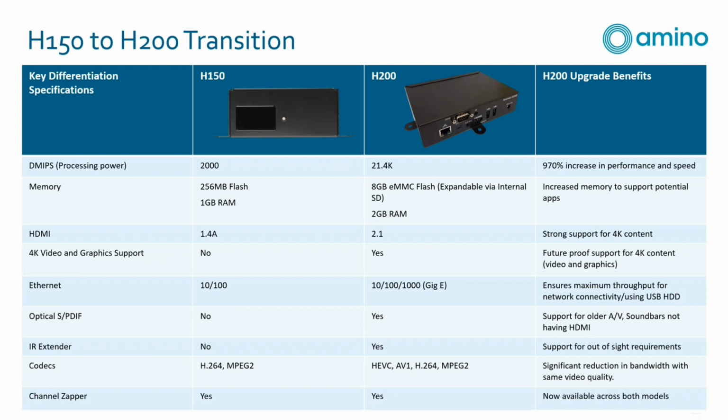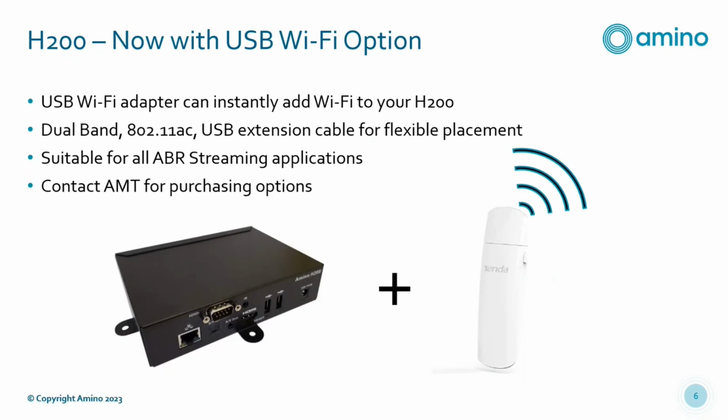We have one more slide on the hardware, and this is a very recent thing that we've done just at the end of last year. We had a lot of feedback that, hey, power over Ethernet, and Ethernet obviously very important, but we had a lot of feedback that a Wi-Fi option was desired.